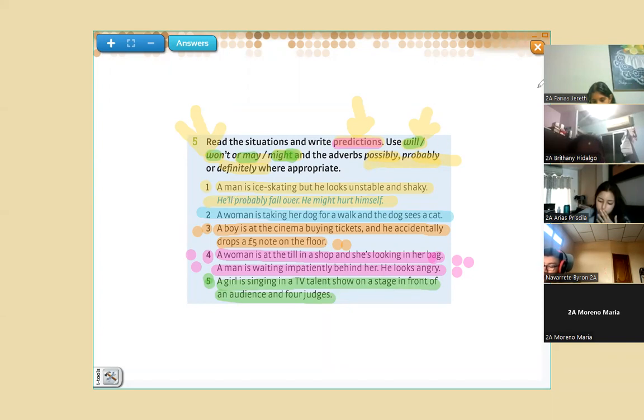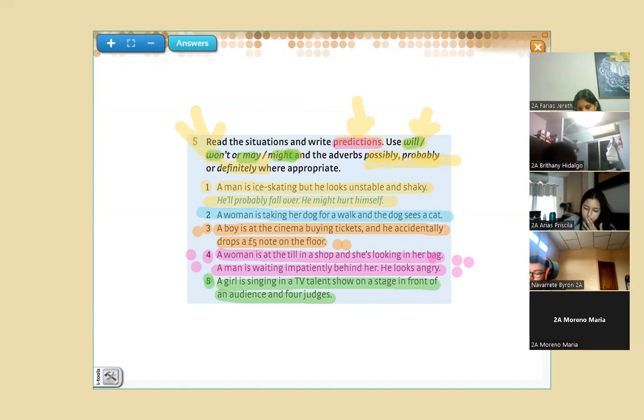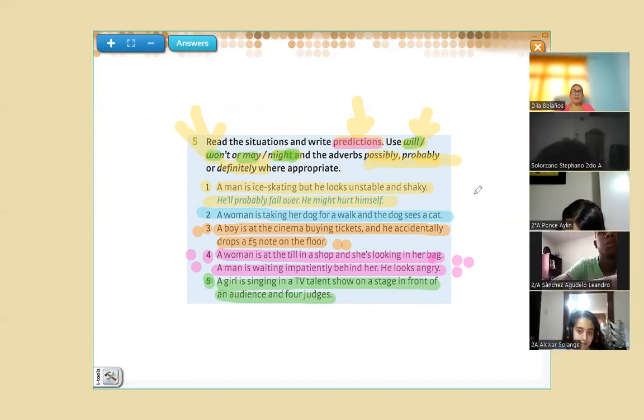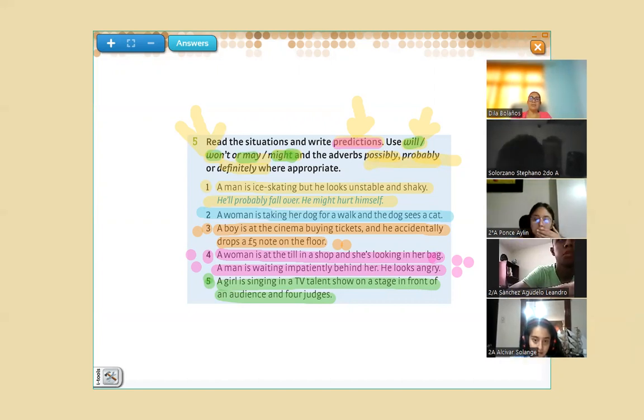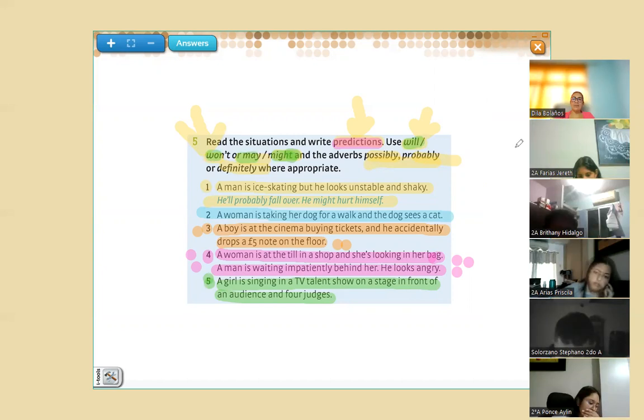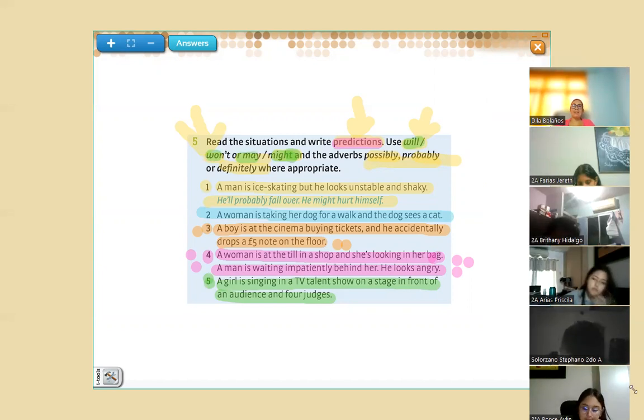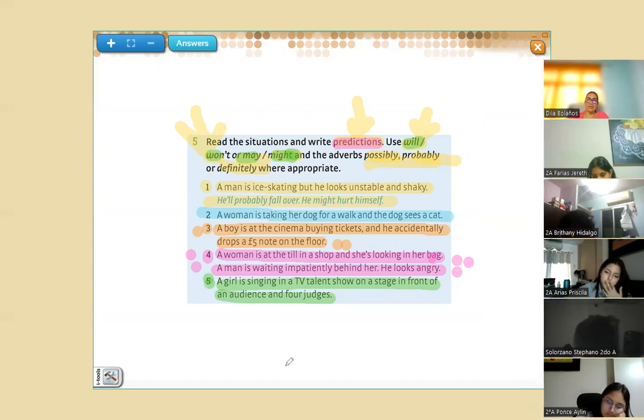That is the position that you always use when you are working with this kind of activities. So it's important to mention also that when you are working with predictions, you have to be careful with the grammar reference that you are using with the exercise.